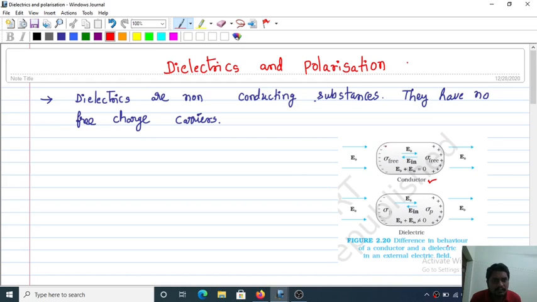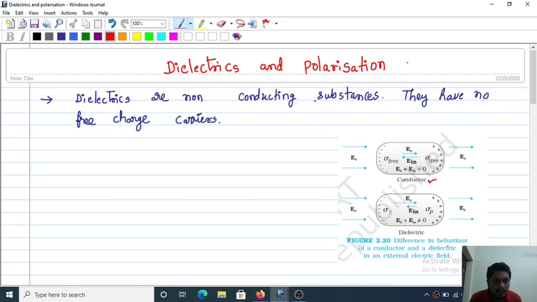When a conductor which contains a number of free electrons is placed in an external electric field, what happens? The free electrons displace or drift against the electric field. In the previous class I told that positive charges drift in the direction of the electric field and negative charges drift against the electric field.